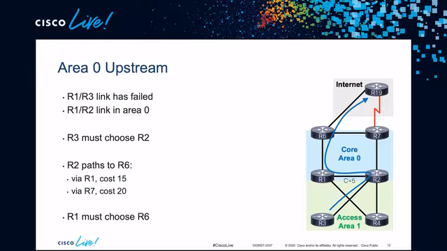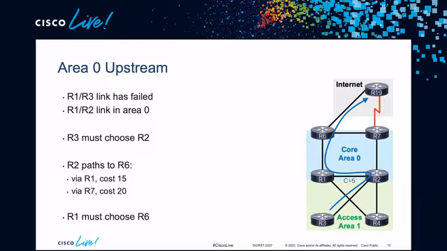You might have noticed the C equals 5 on the diagram. That just means OSPF cost. On the reference topology, I mentioned that all the black links are cost of 10 by default, so this cost of 5 is less. That means that R2's shortest path to R6 goes through R1 as opposed to R7. The cost there would be 5 plus 10, which is 15, versus the cost through R7, which would be 10 plus 10, or 20.